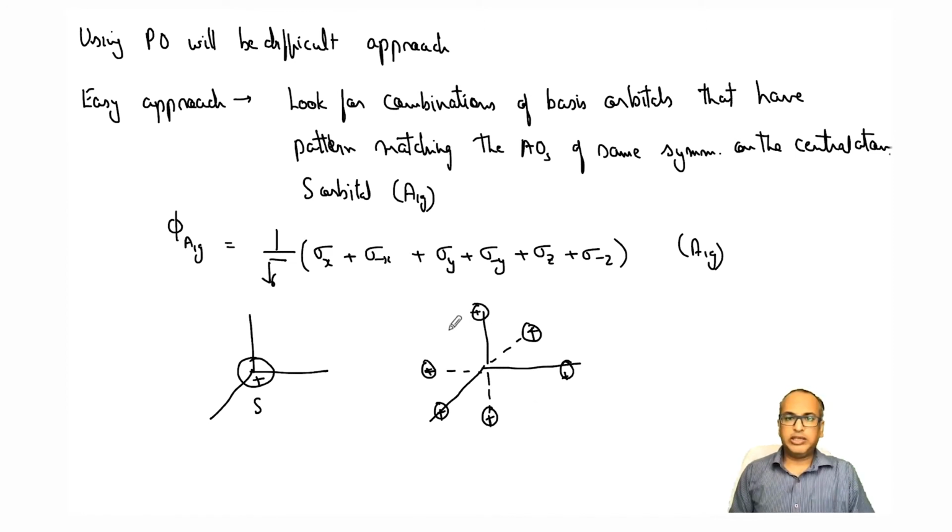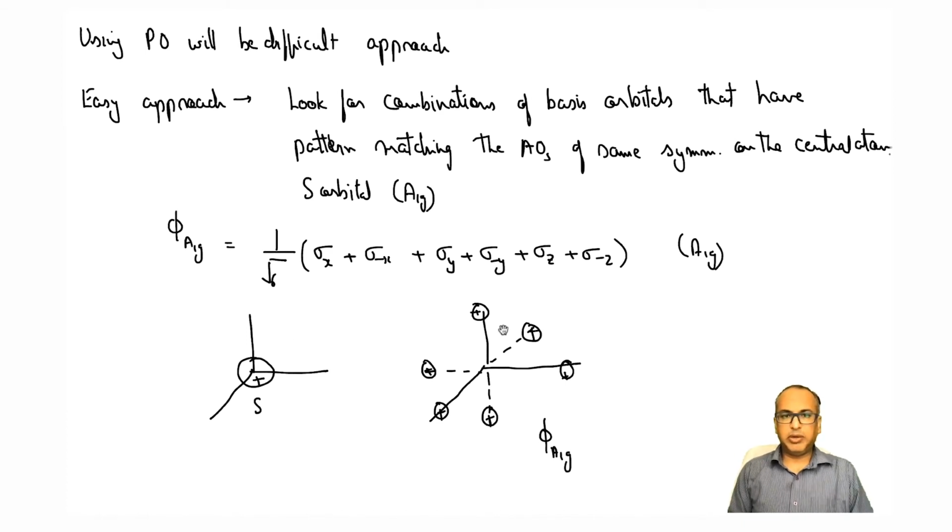All positives will match to give you the molecular orbital. So S of the metal atom will combine with phi A1G, the SALC of the B atoms, right? So this can be labeled as phi A1G.